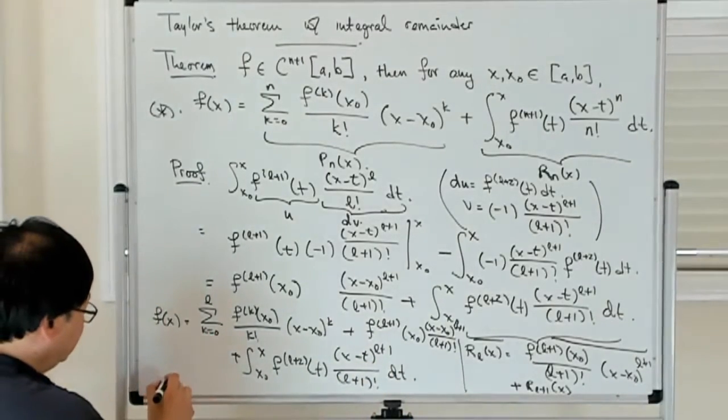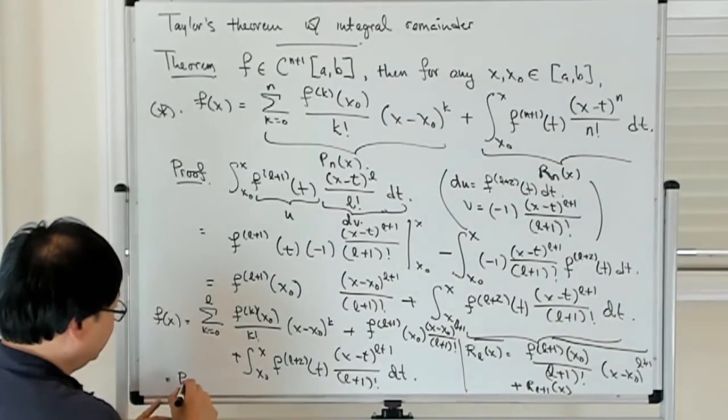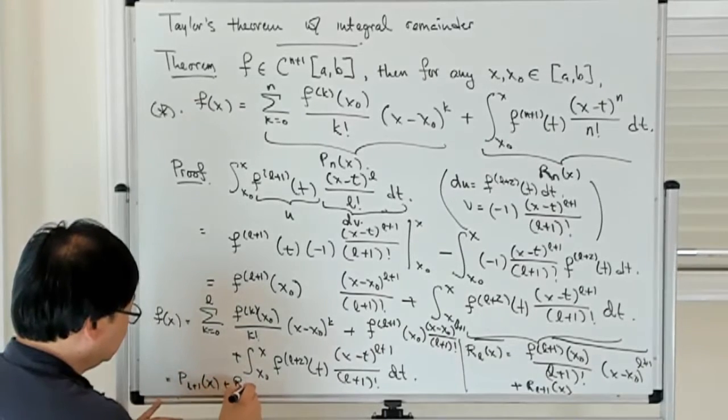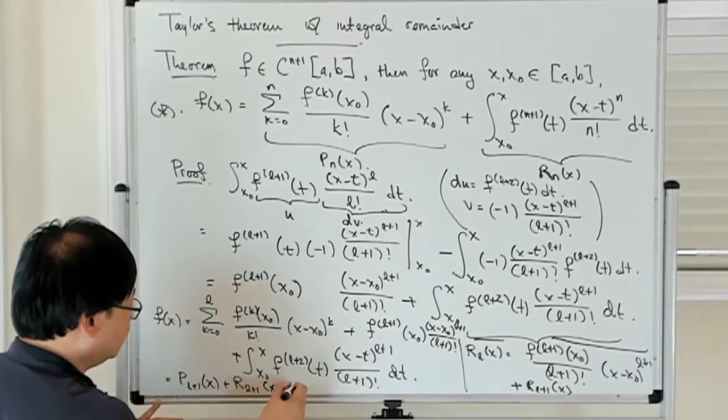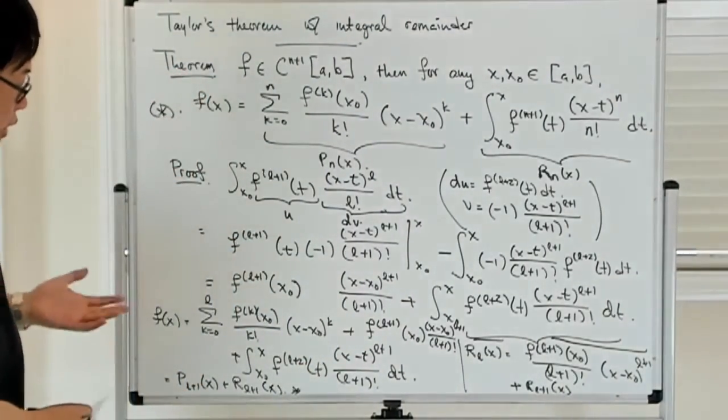Which of course is nothing more than the Taylor polynomial of degree L+1 plus the remainder term for L+1 as well. Okay, so that proves the theorem.